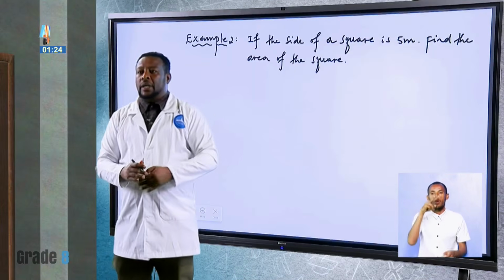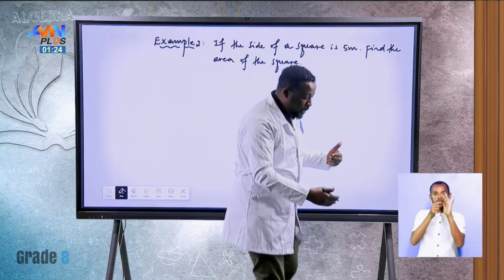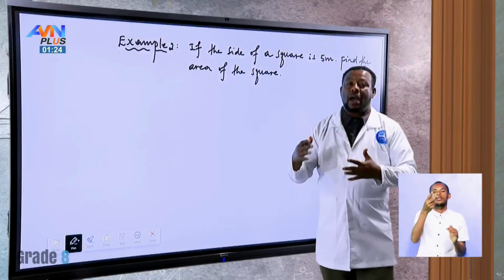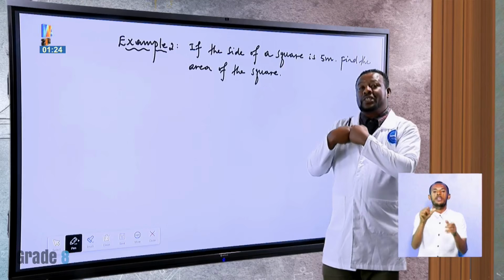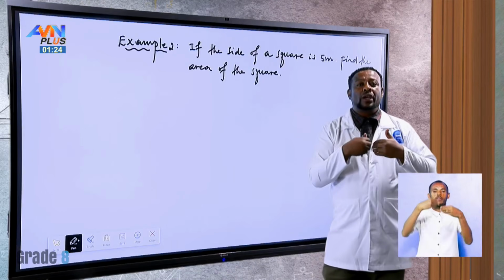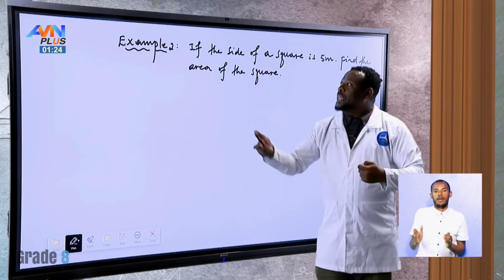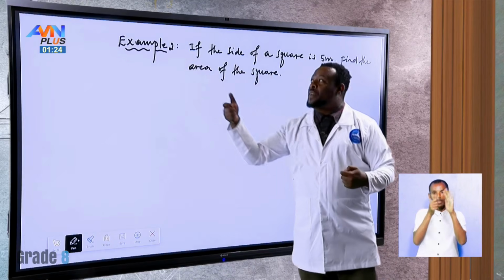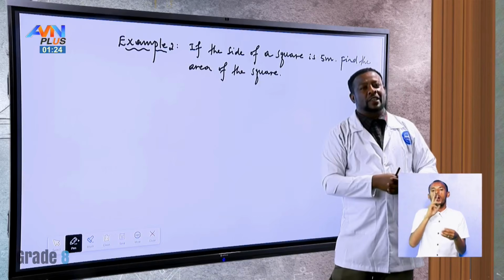Look, in the previous example, we've seen one application. In that application, the area was given, and we were able to calculate the side. In the second example that we have here, the side is given, and you are asked to calculate the area.